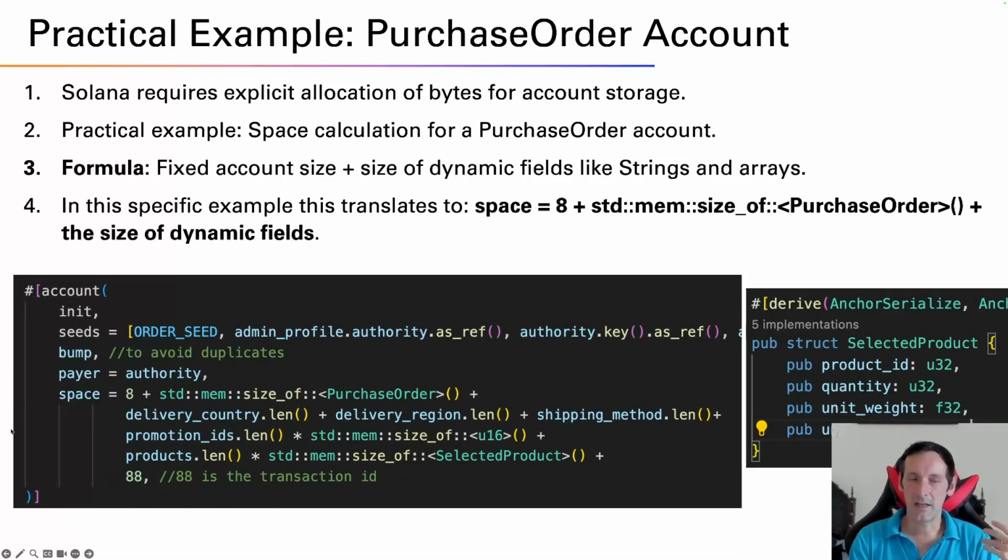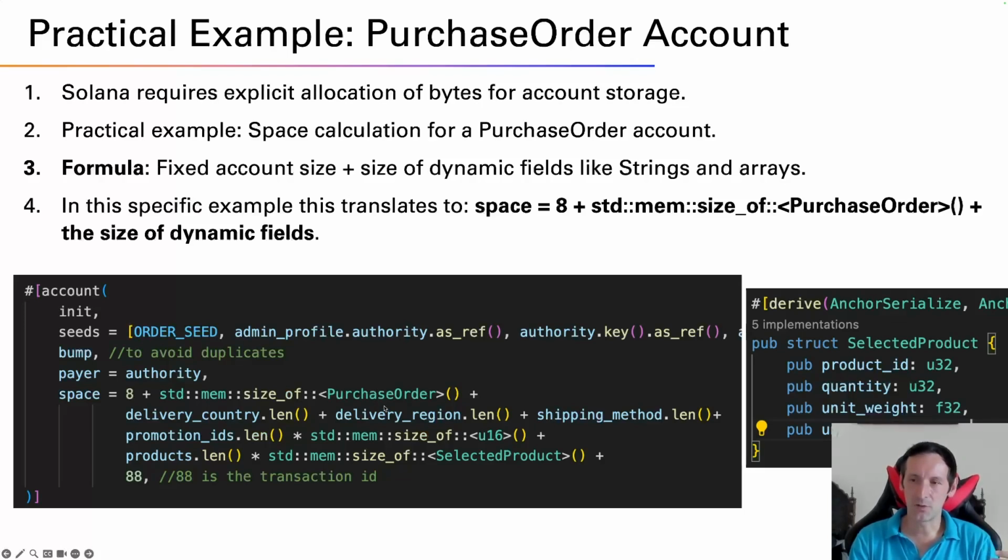So in this case, for example, you can see the space calculation for the purchase order that you saw on the previous slide. What I'm doing here is calculating the size of the fixed elements of the struct first.